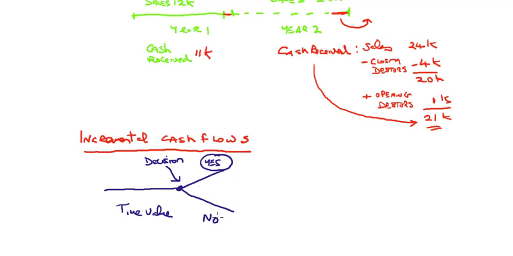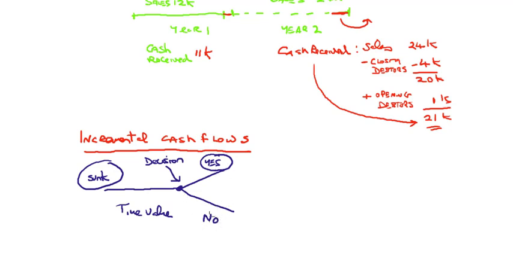So we might have cash flows here prior to the project, like research costs, and we refer to these costs that are prior to the decision point as sunk costs or sunk cash flows. So we've already sunk them into the project, and whether they're paid for or not, they may have to be paid after our decision point, but if they have to be paid for after a decision point, they're going to have to be paid either way.